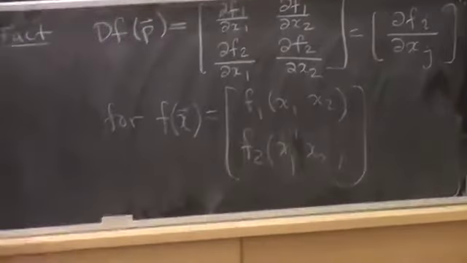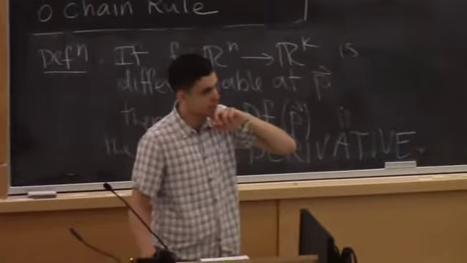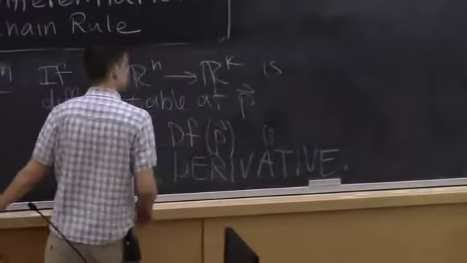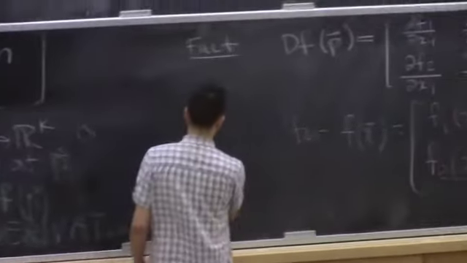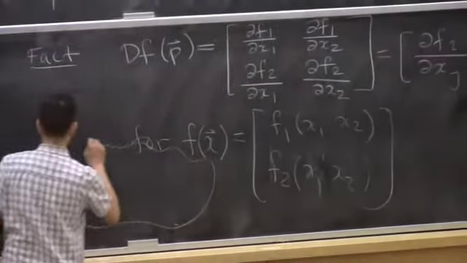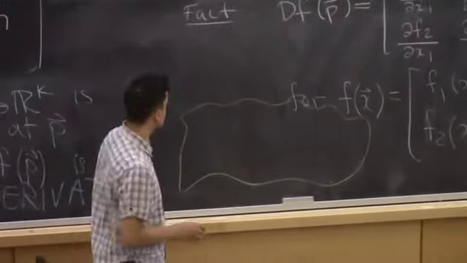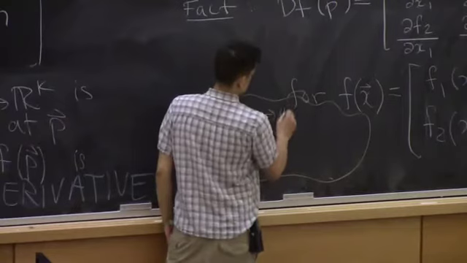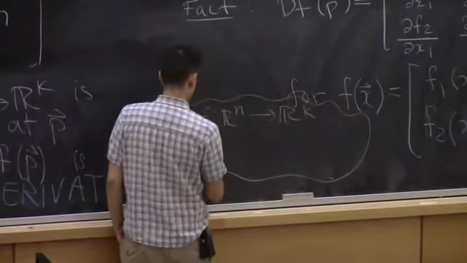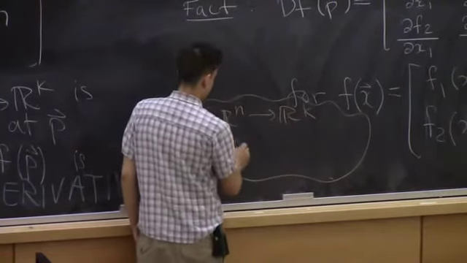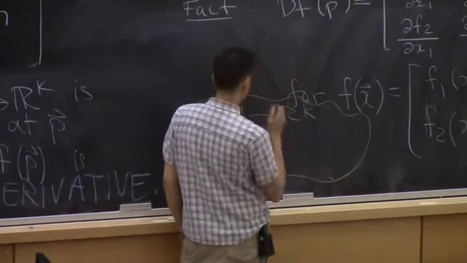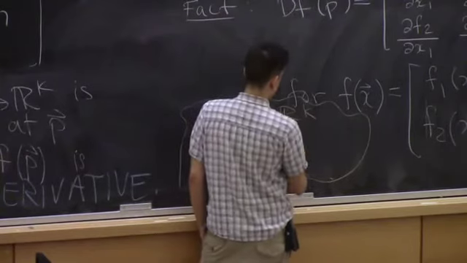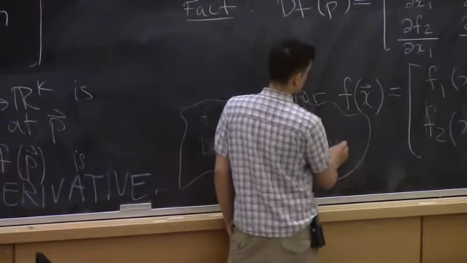Oh, yes, sure. Yeah, great point. Yeah, what are the dimensions of this guy? So if f goes from Rn to Rk, df is k rows, n columns.